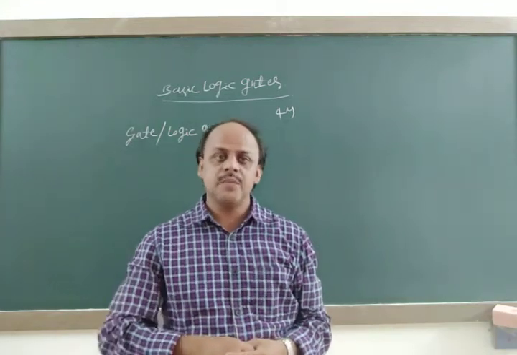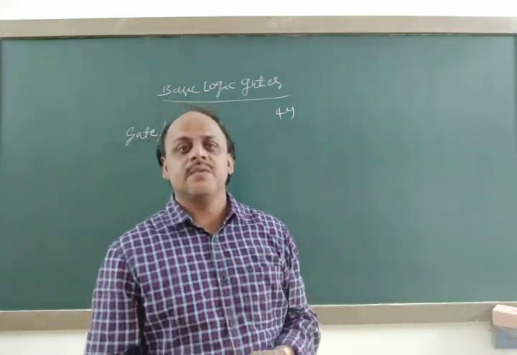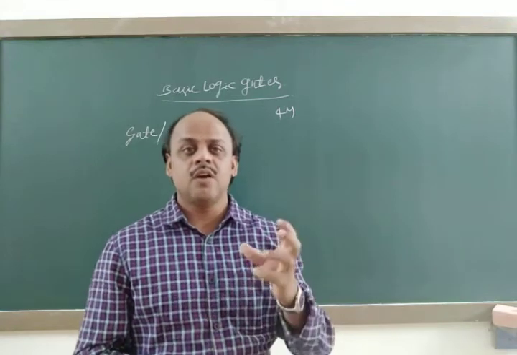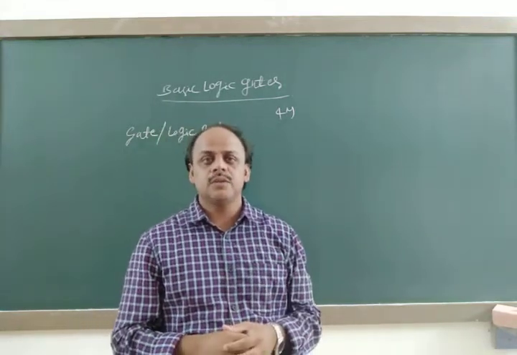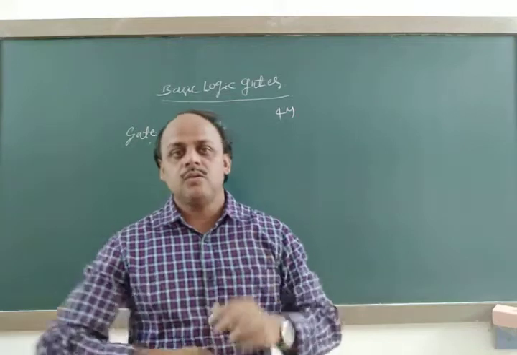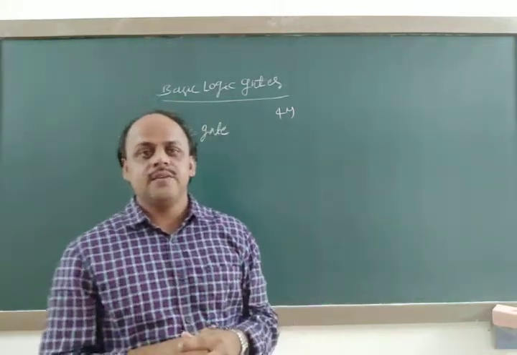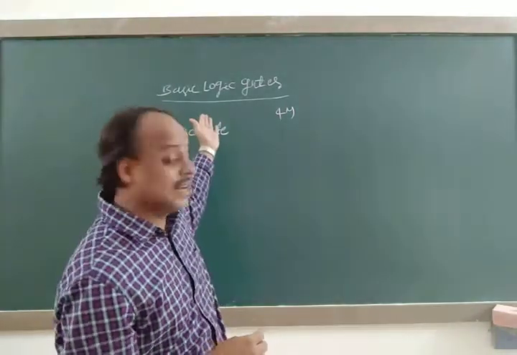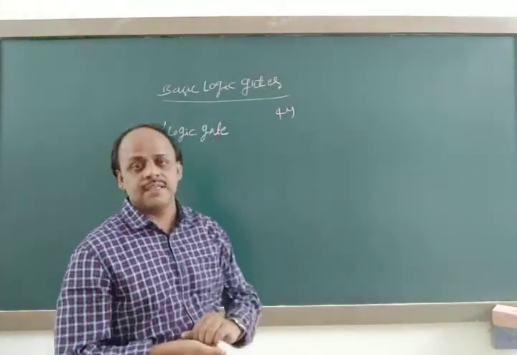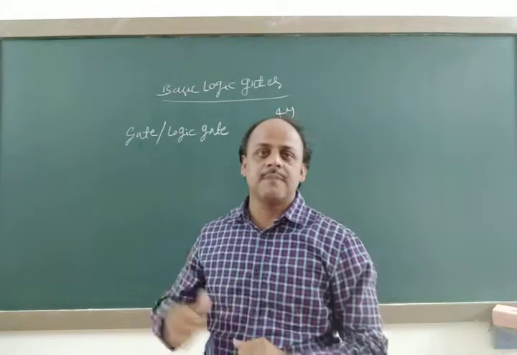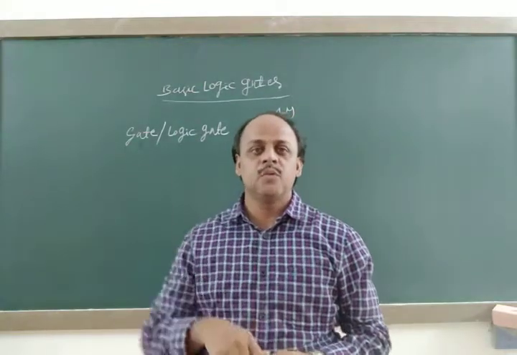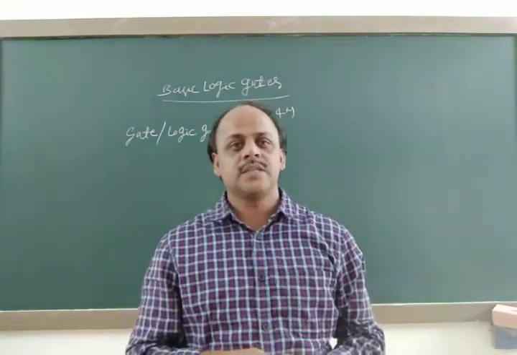One is using truth table and the second way is using logic gates. So therefore we have to know what is the logic gate, what are the types of logic gates. That's why today I am going to take class on this basic logic gates. After completion of this chapter I am going to cover those 2 topics.